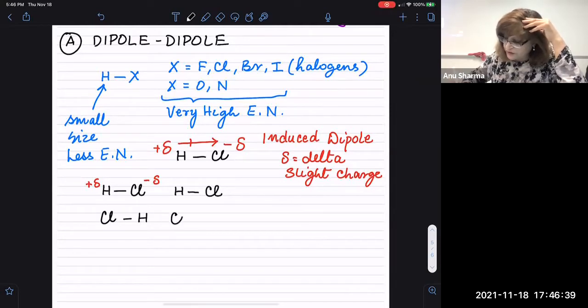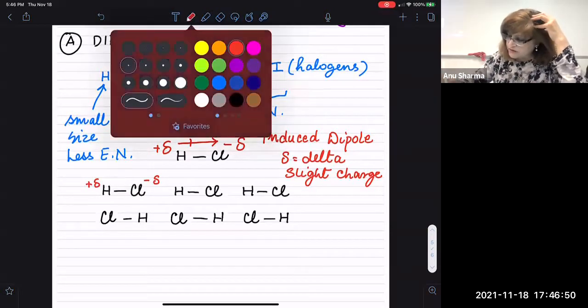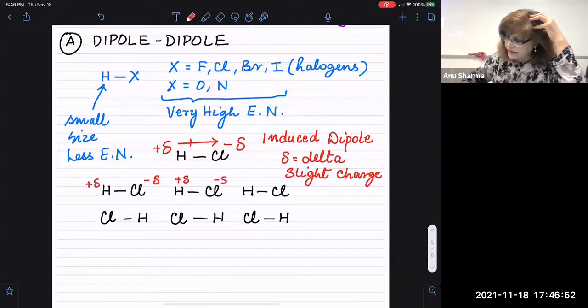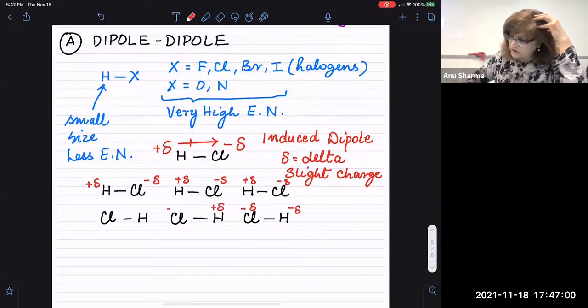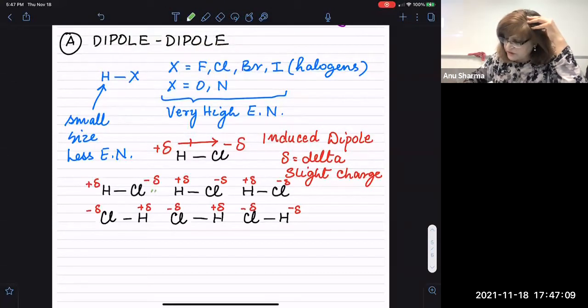So when they stack or are arranged with each other, the positive of one is close to the negative of the other. And this is basically a very weak electrostatic attraction. They are not bonded, but the attraction is there between positive and negative of each other. So these remain connected in this network.